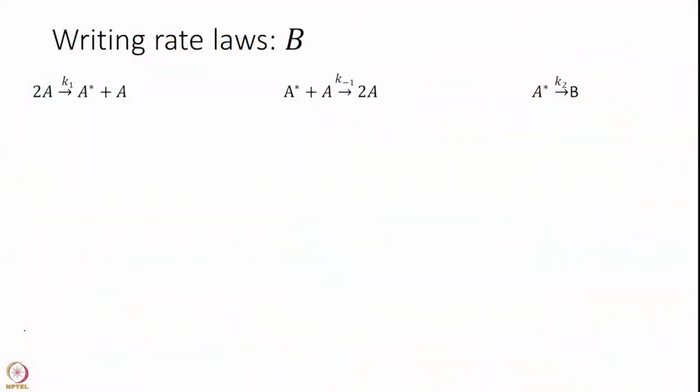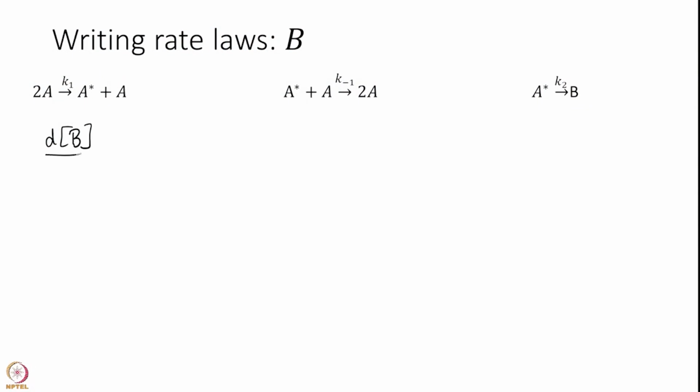Okay. So, here what I have already shown you are the 3 reactions, the forward reaction of the first step of the last slide, the backward reaction and the third reaction A star going to B. So, to write rate law, we will follow the same scheme as I told for equilibrium reactions. Okay. So, if I have to find dB over dt, well, the first thing to note, in which of the equations above is B appearing?